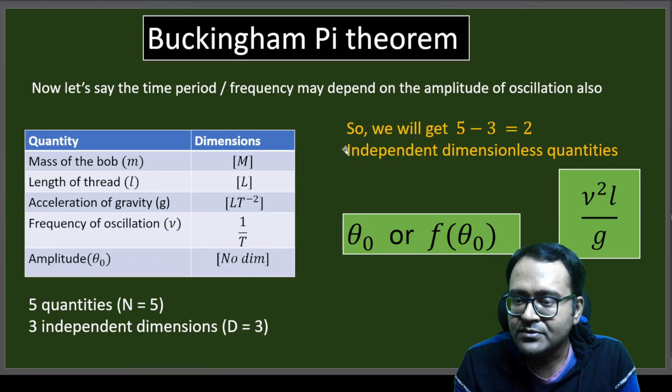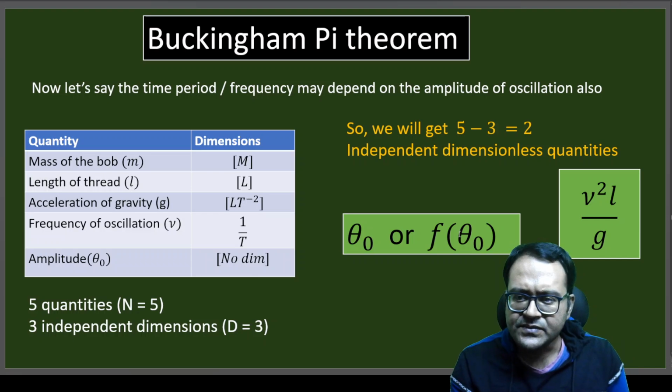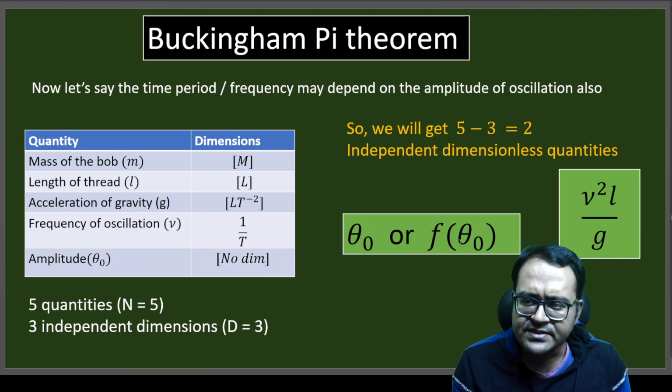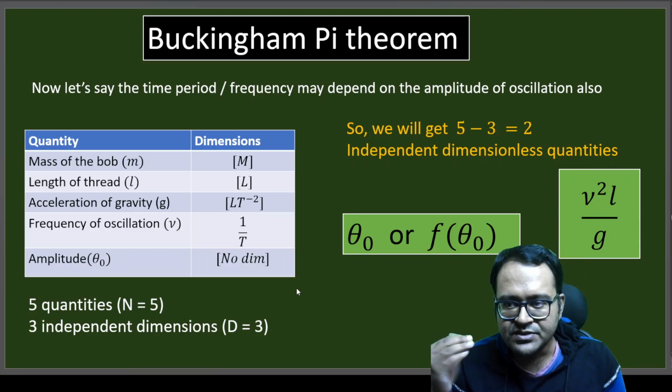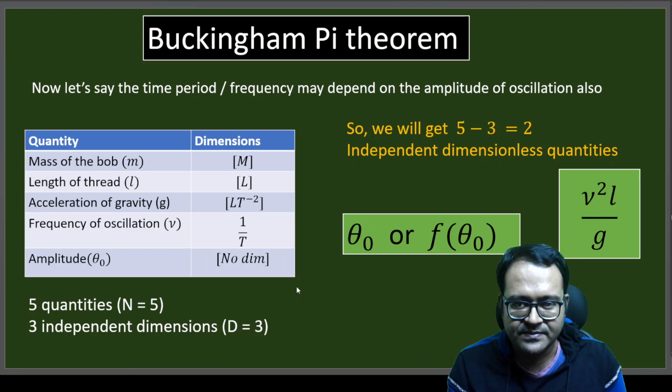So here we must have 2 independent dimensionless quantities. One is theta itself, as we already know. Theta is dimensionless and any function of theta is dimensionless. And another quantity is nu square L by g. So you have 2 dimensionless quantities here when you are dealing with 5 quantities with 3 independent dimensions.